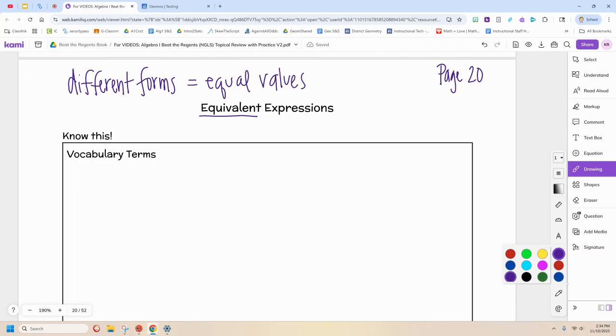And when I say equal values, that might be actual values, like the numbers are equal to. It also could mean same graph or same table of values.